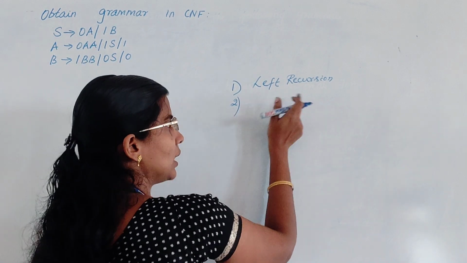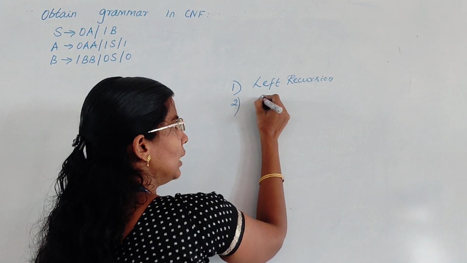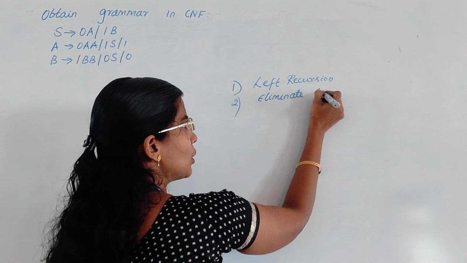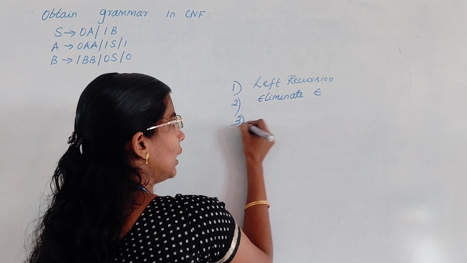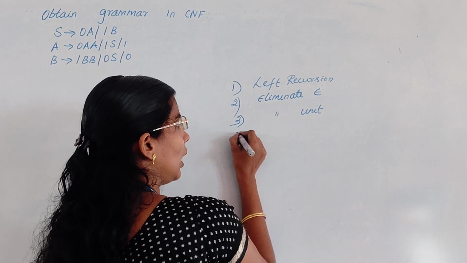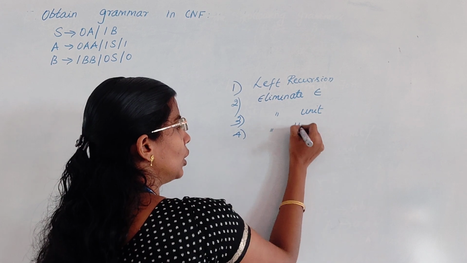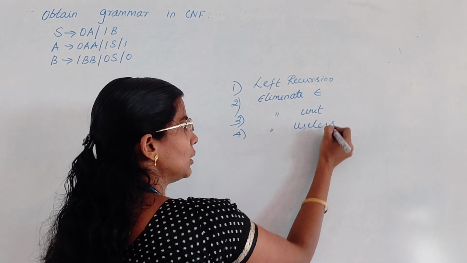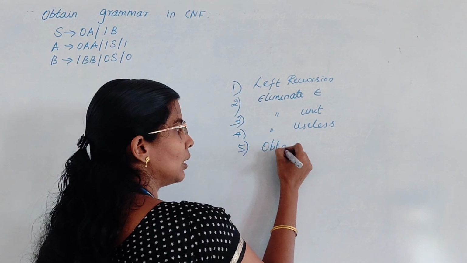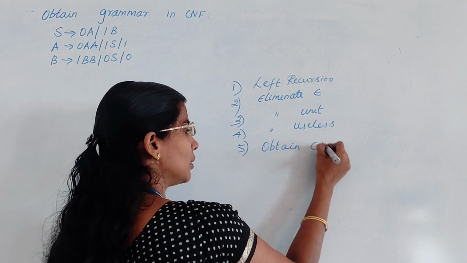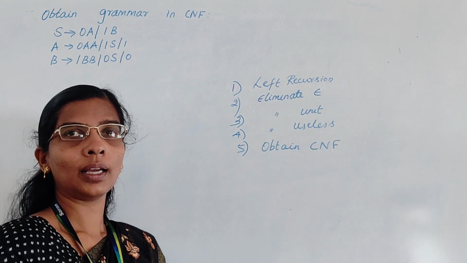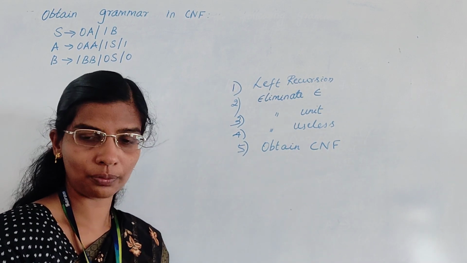So first eliminate left recursion, then eliminate epsilon production, then eliminate unit productions, then eliminate useless symbols and productions, and at last obtain the grammar in CNF.